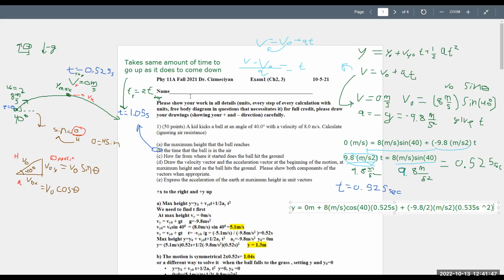So then all that, when you plug it in, should give you y top is equal to 1.35 meters, approximately. All right, now we can double check with the key, which is like right here.